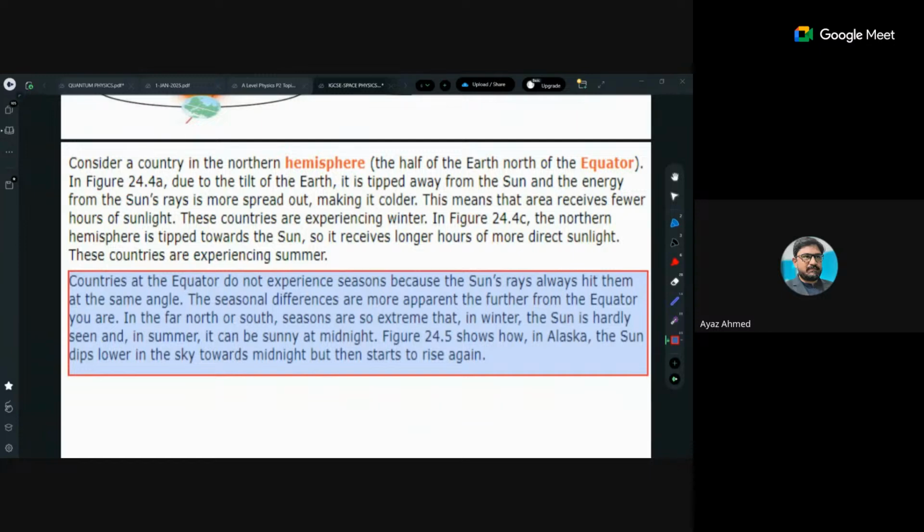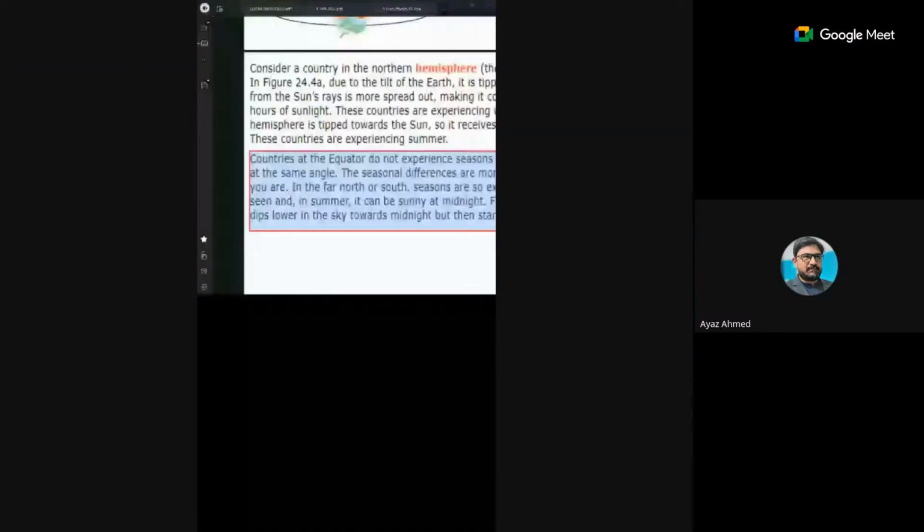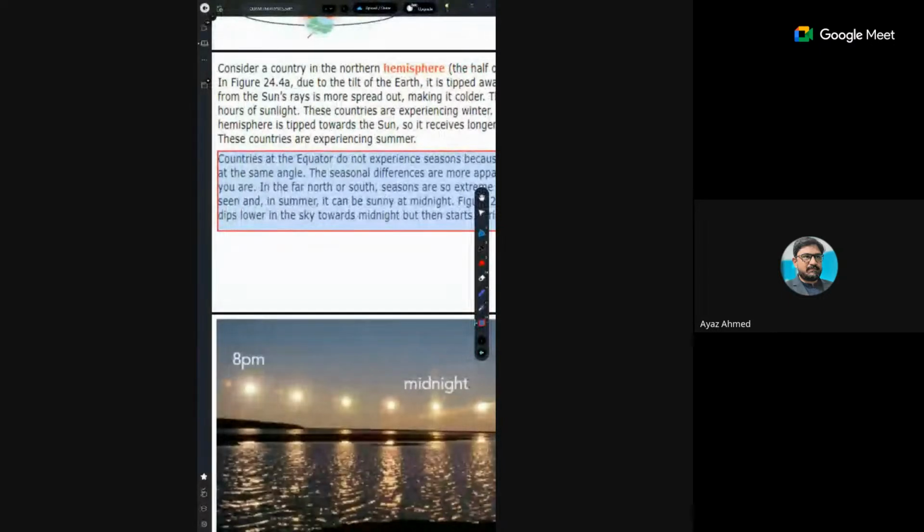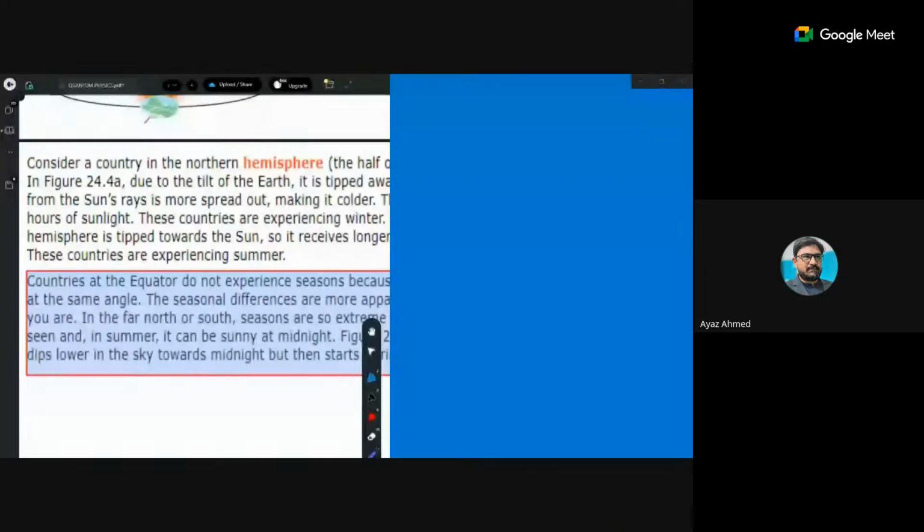So northern and southern poles have extreme weathers. So in winter, the sun is hardly seen, and in summer, it can be sunny at midnight. This is basically that sentence which refers to the upcoming slide, which is related to Alaska. कि basically वहाँ पे क्या होता है?